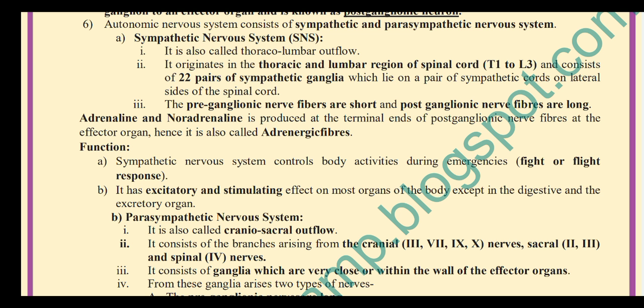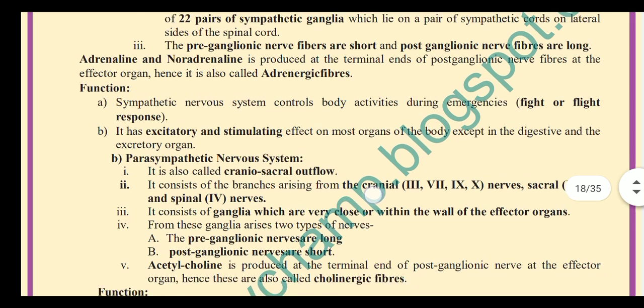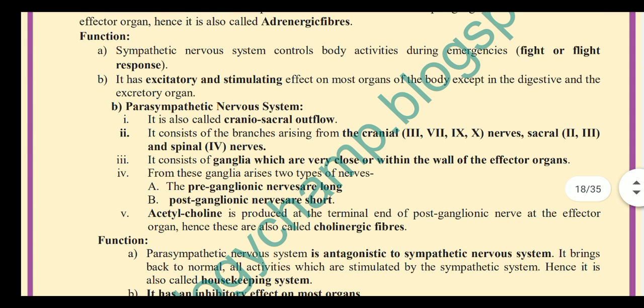Adrenaline and noradrenaline are produced at the terminal ends of postganglionic nerve fibers at the effector organ, hence they are called adrenergic fibers. Function: the sympathetic nervous system controls body activities during emergencies, that is fight or flight, either run away or fight response.